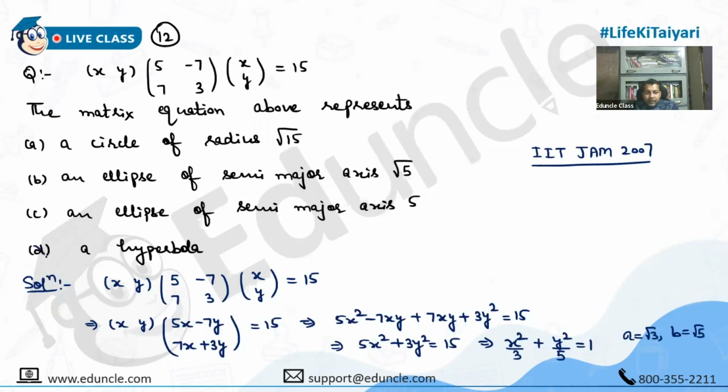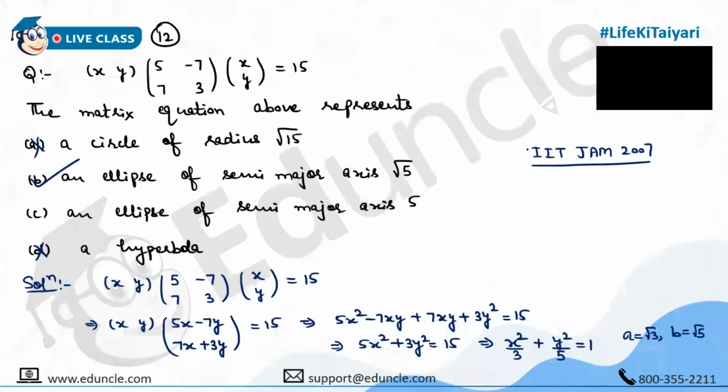So which is clearly the equation of an ellipse, and this is the semi-major axis. Now this is semi-minor because root 5 is greater than root 3. So B option is correct. No? Yes, sir.